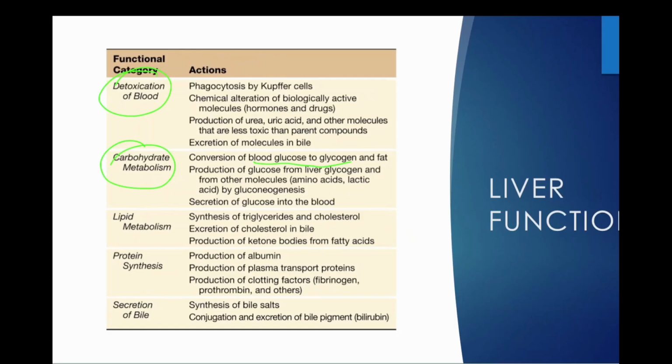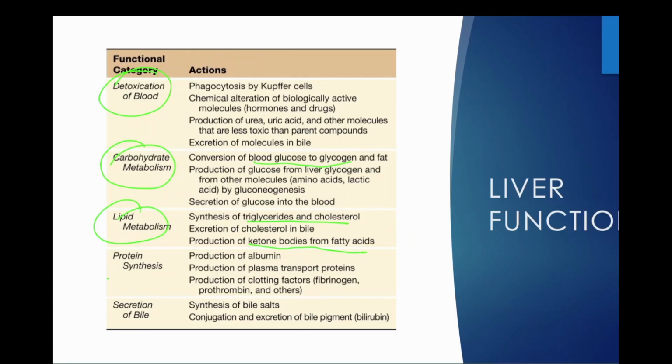You're making new glucose from amino acids. The liver does this for you. Lipid metabolism makes triglycerides and cholesterol. It also excretes cholesterol in the bile. And production of ketone bodies from fatty acids. So all this ketone production comes from the liver.